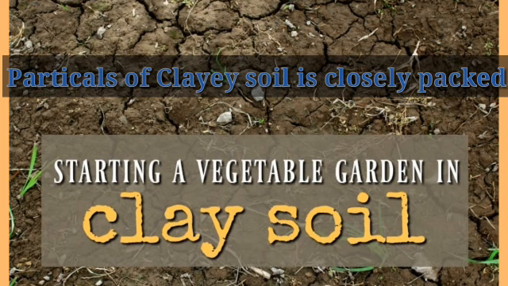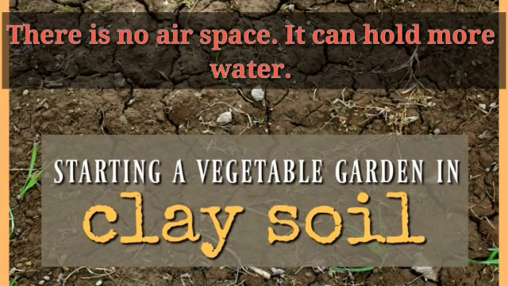There is no air space and the clayey soil can hold more water. So all plants cannot grow in clayey soil. Why? Because there is no air space between the particles, so the roots do not get sufficient air, and it holds more water.